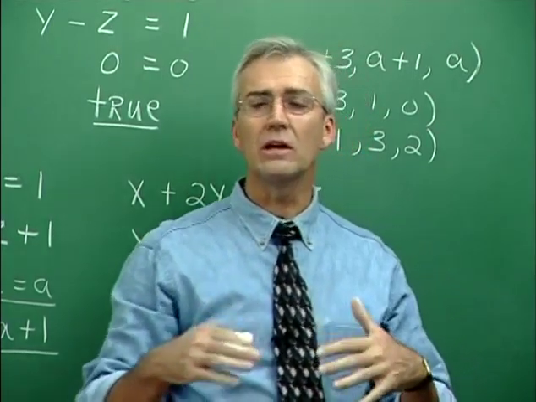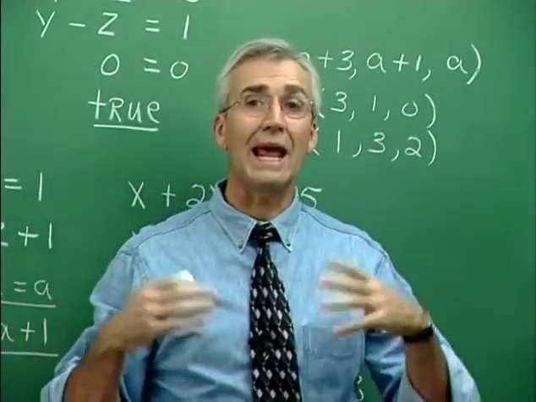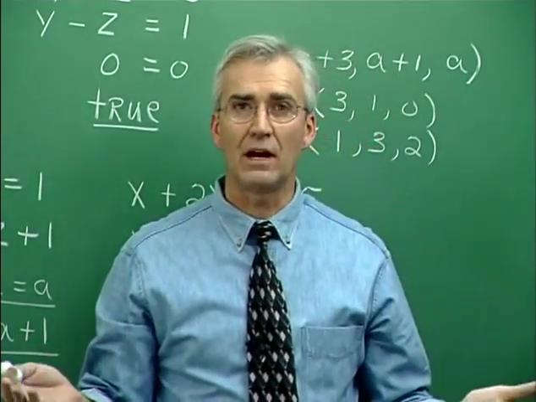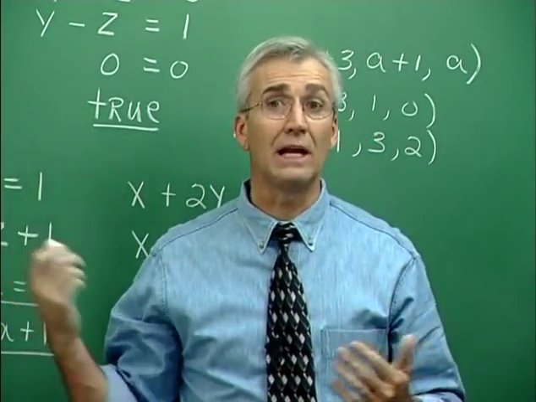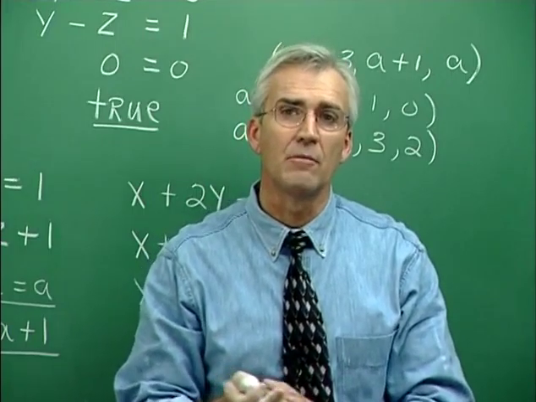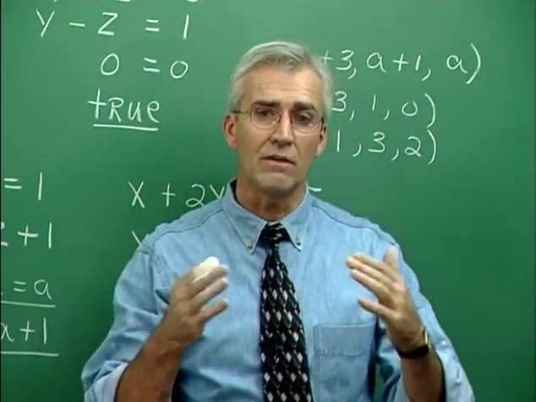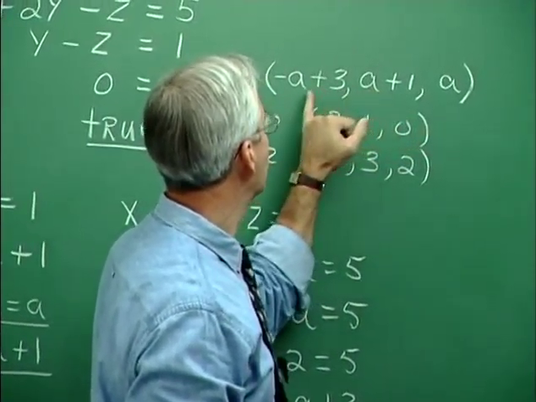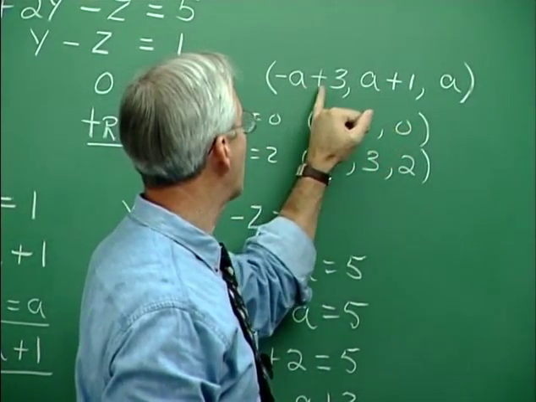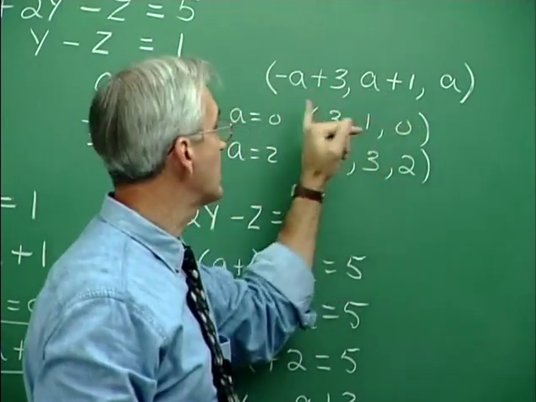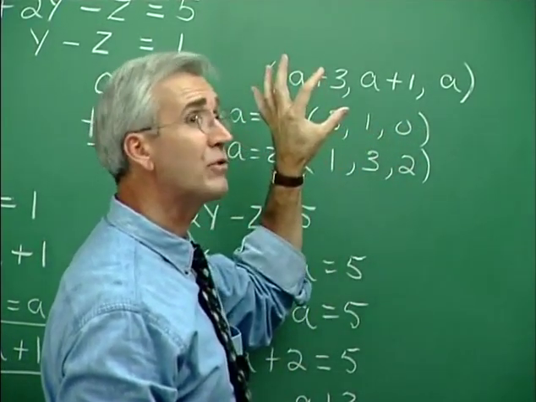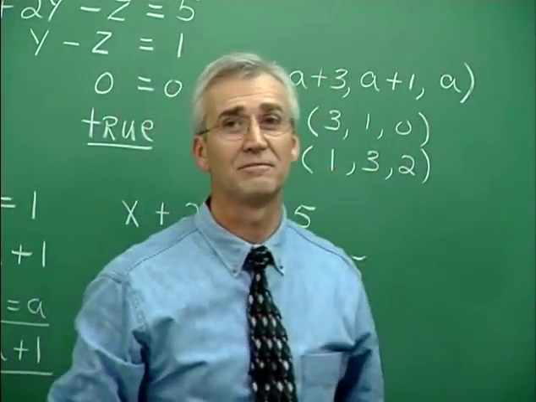And by the way, we could have just let x take on the value a. We could have let y take on the value a. And here we let z take on the value a. It'll work if a takes on the value of any of the other letters. We would just have a different kind of expression for the other items in the ordered triplet. But the set of solutions would be precisely the same, it turns out.